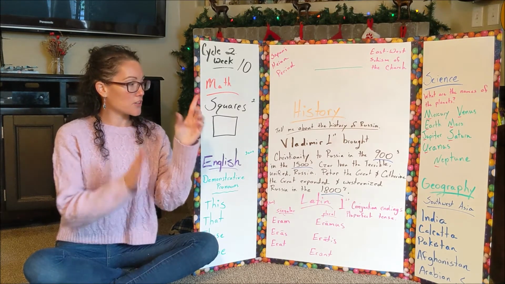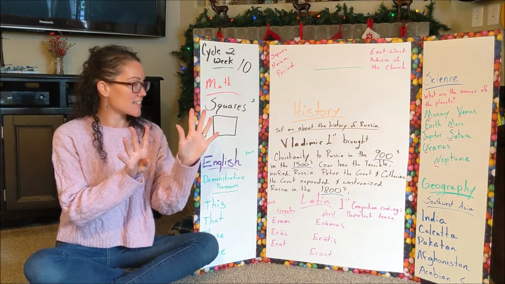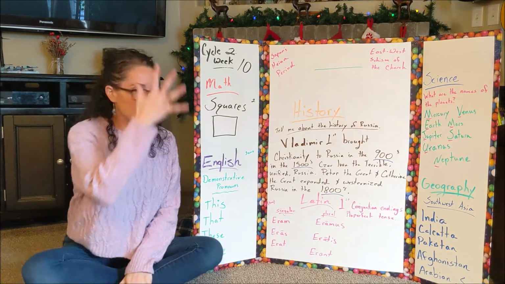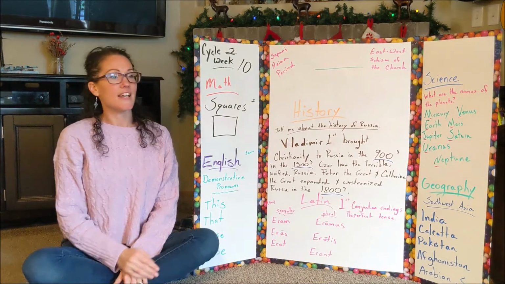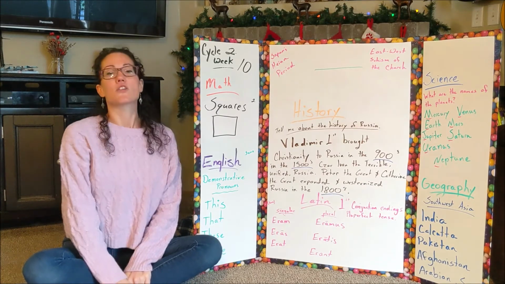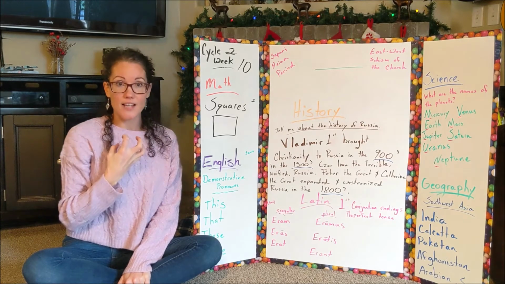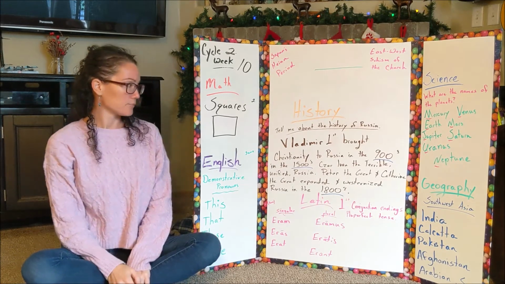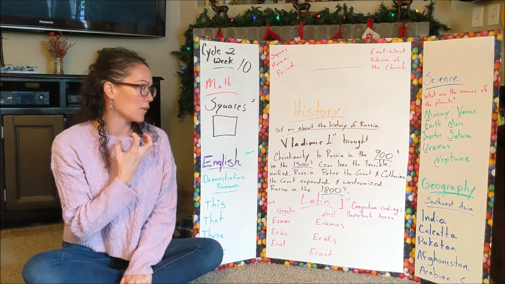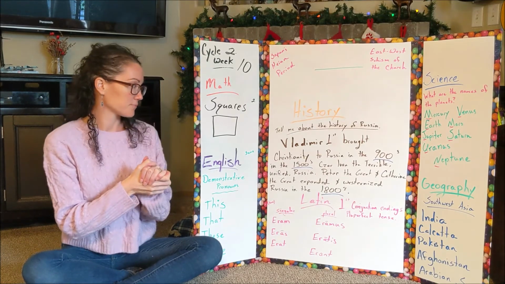Vladimir the First brought Christianity to Russia in the 900s. In the 1500s, Tsar Ivan the Terrible. The sign language for this is actually mad or angry, so we're just going to turn our 5 from 1500s around and do that sign for terrible. 1500s, Tsar Ivan the Terrible unified Russia.